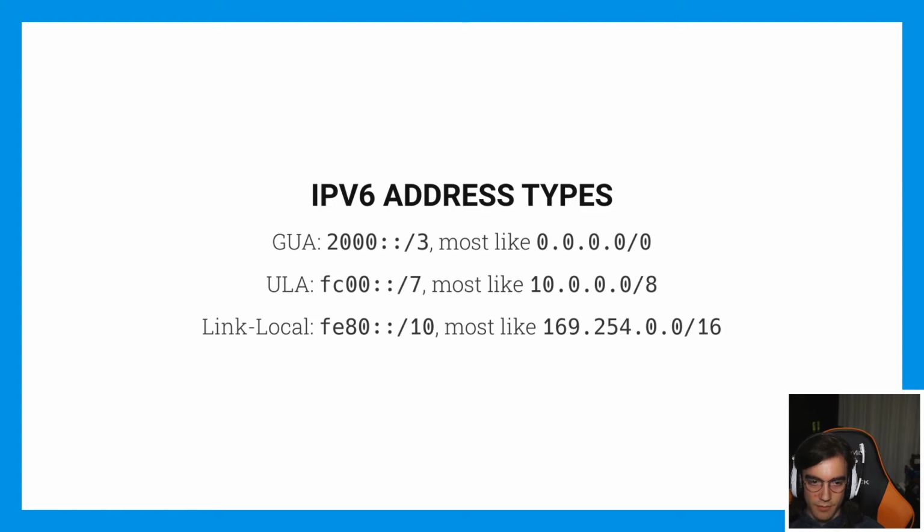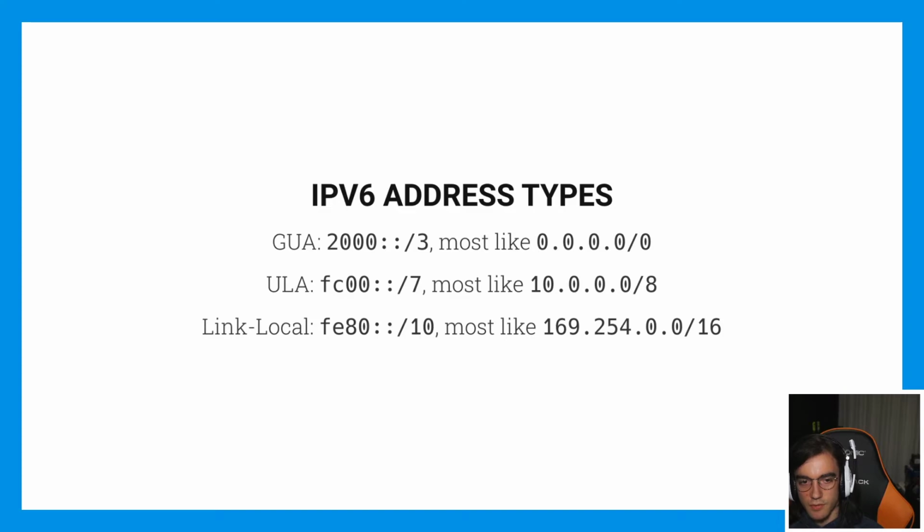And the final type is the link local IPv6 addresses, which start with FE80/10, and these addresses are on every single interface of your system in IPv6. The reason for that is so that you can connect two computers without the need of a router, for example, and they both automatically will configure an IP address, and you'll be able to talk between them.